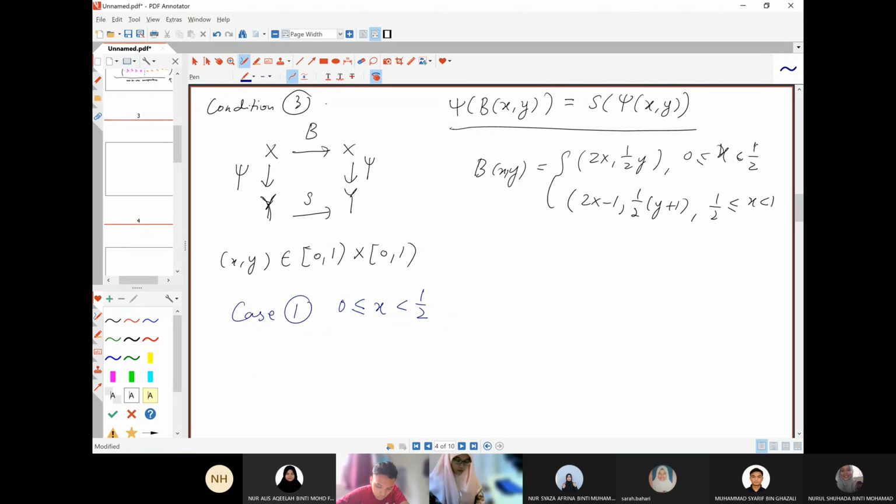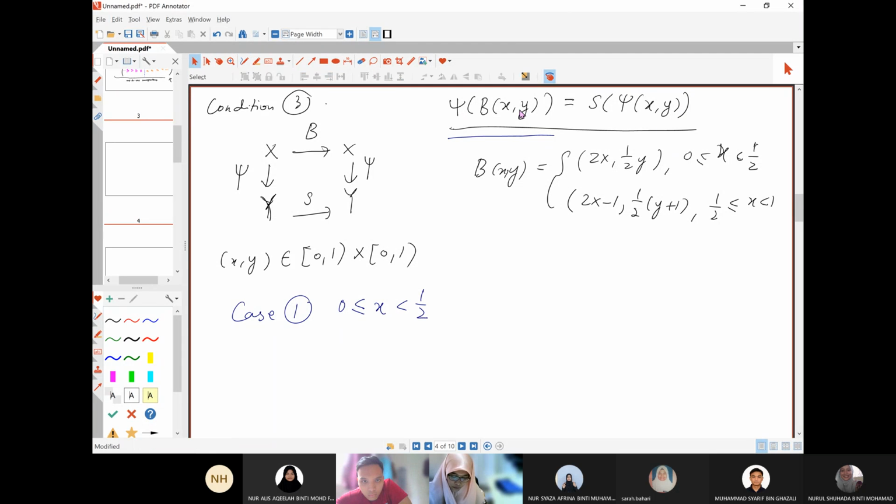Okay, so for the first case between this. So first what do you do? First case yang ni lah, kita nak show yang this part. For the left hand side part for the first case, kita akan guna ni lah.